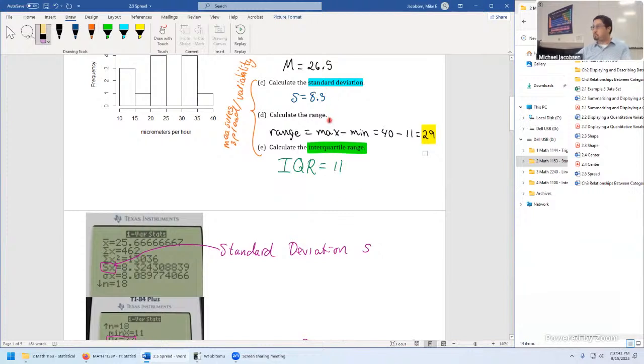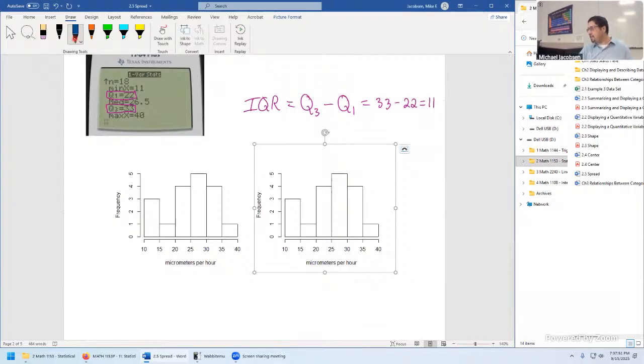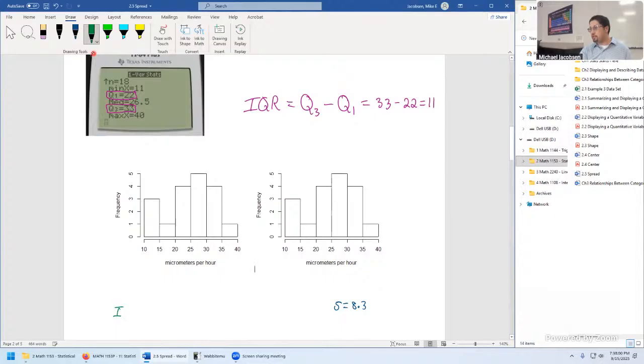If we can see what both statistics are trying to say, it gives us a little more meaning. At the moment, they're just numbers in micrometers healing rate per hour. So S equals 8.3, and IQR for interquartile range equals 11. Let's start with the interquartile range. That one's a little bit easier to see. Any questions first at the moment?